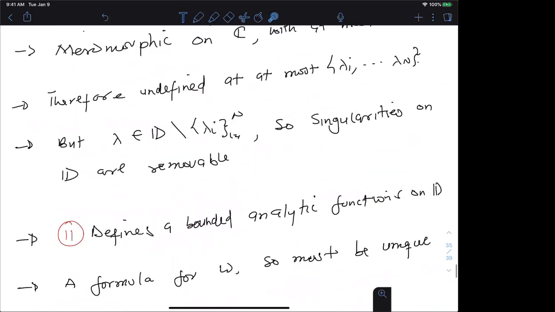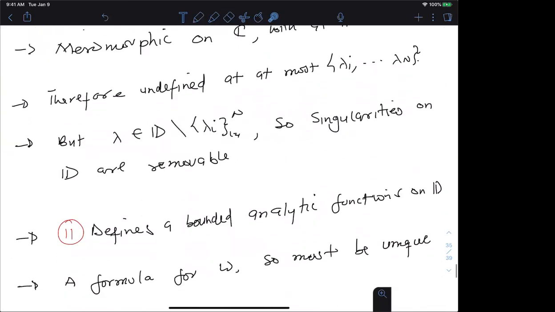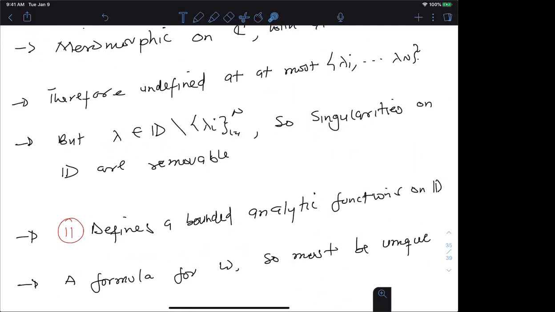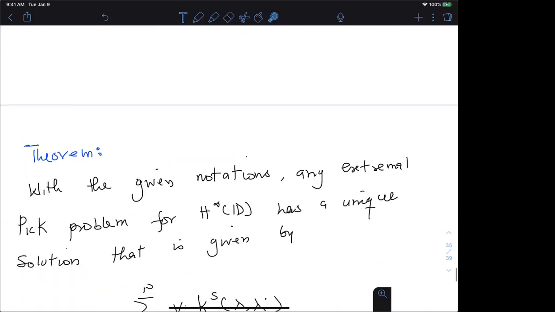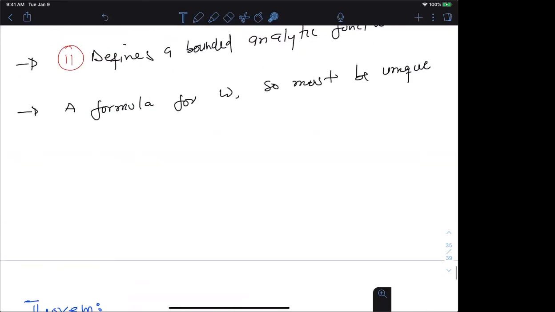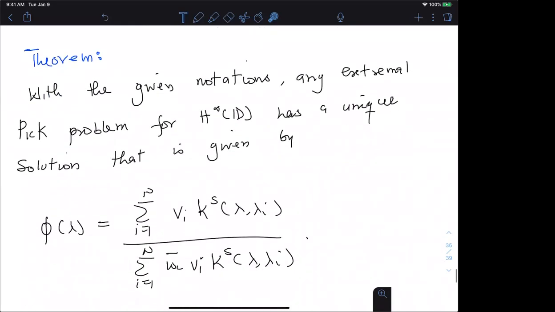So if we do that, the formula for omega here is nothing but a bounded analytic function on the disk. And since it is a formula for omega, it is unique. And Pick says that this is the unique solution to the extremal Pick problem. And it's all summarized in this theorem.